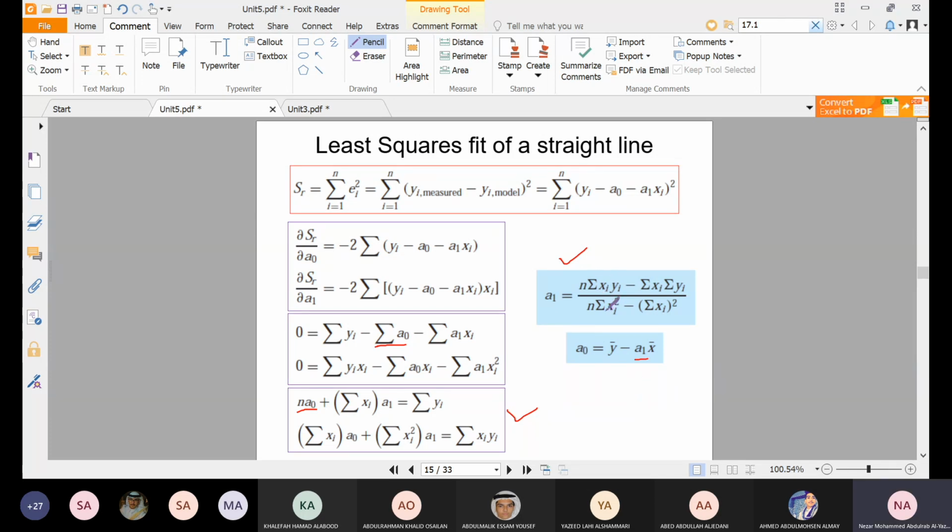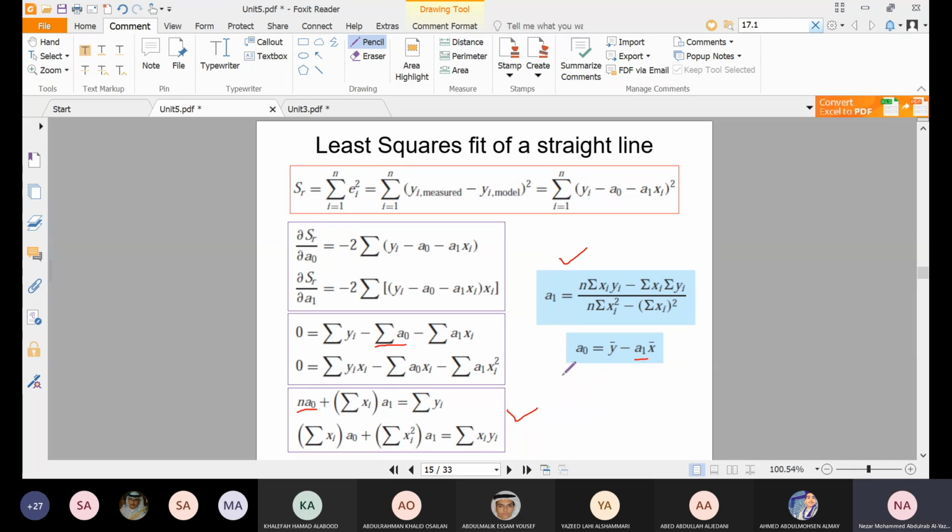A1 we find by this: the number of data points n multiplied by the sum of xi multiplied by yi, minus the sum of xi multiplied by the sum of yi, over n times the sum of x squared minus the square of the sum of x. And A0 is just the mean of y minus A1 multiplied by the mean of x.